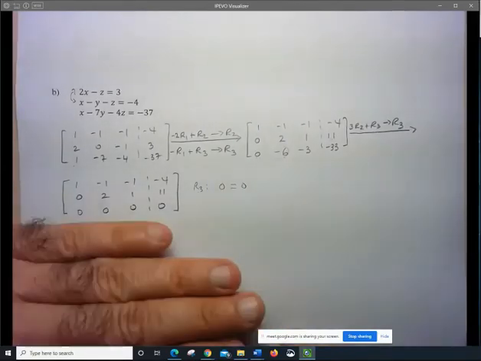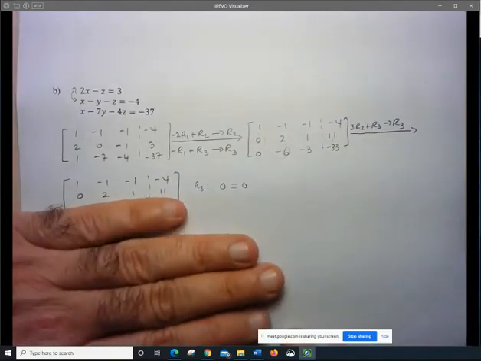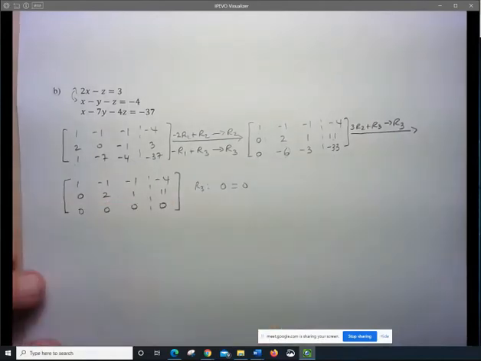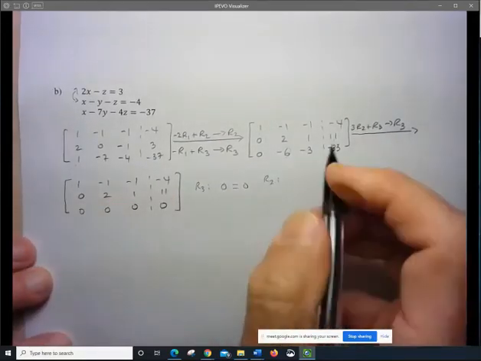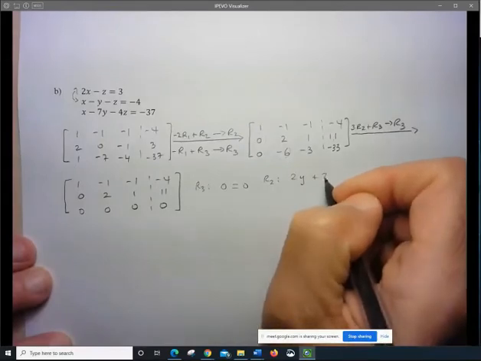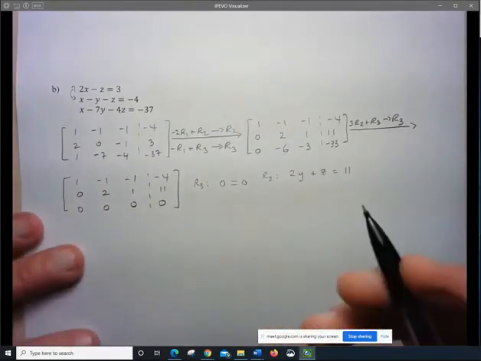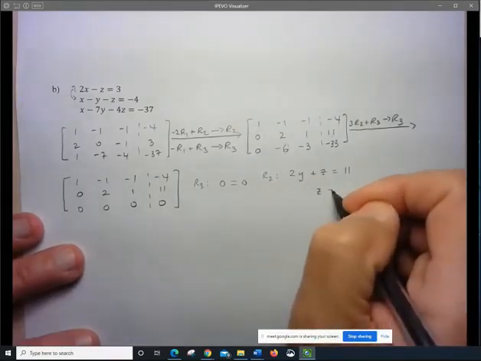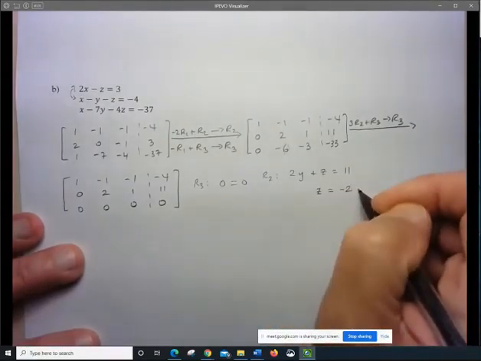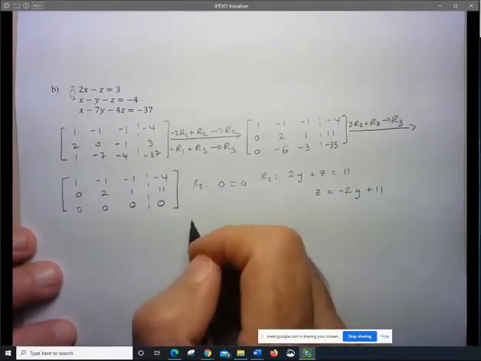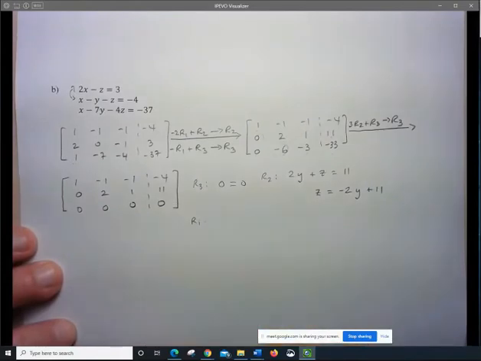But this is where now, like we did in the past, we're just going to work with the remaining two equations. So row 2 tells me that 2y plus z is equal to 11. And guess what I'm going to do now? I'm going to do what I did before: write one of the variables in terms of the other, and then take this information and put it into the first equation to write the other variable in terms of, again, might as well use y.